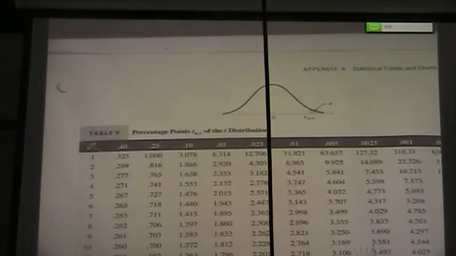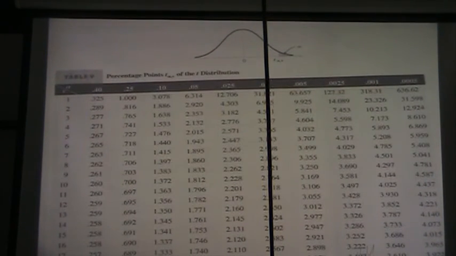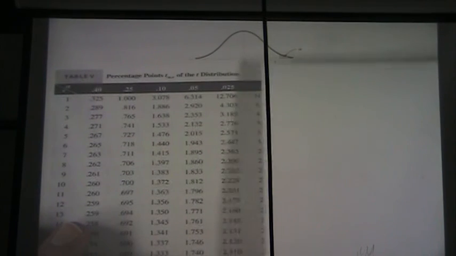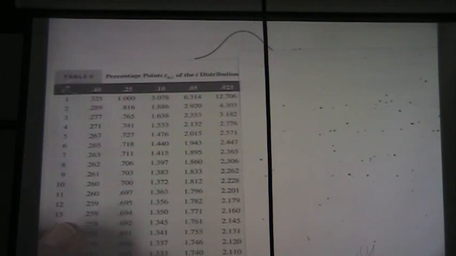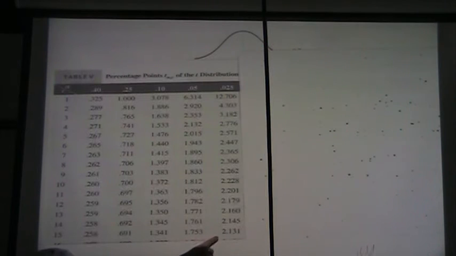So I check myself before I wreck myself, as the old saying goes. And I look at 0.025, which is my alpha divided by 2, and my 15 degrees of freedom, which says that it should be 2.131. Oh, I'm so disappointed.